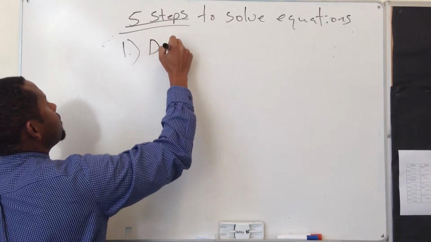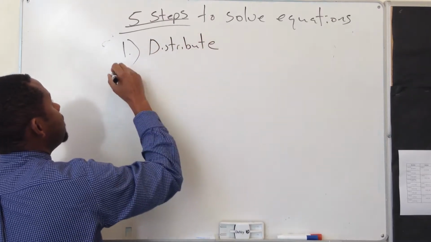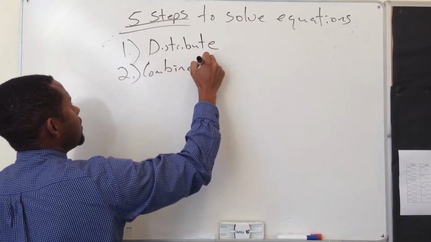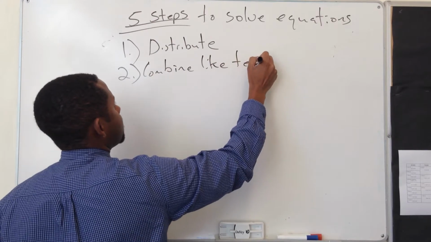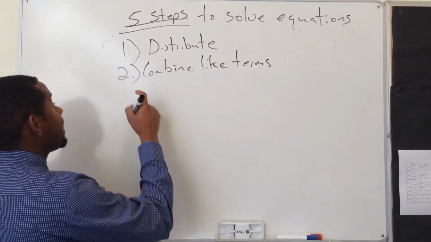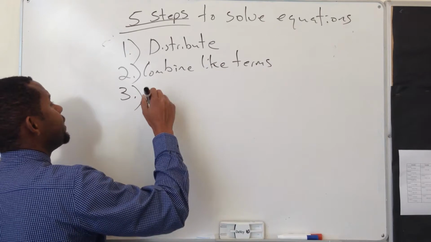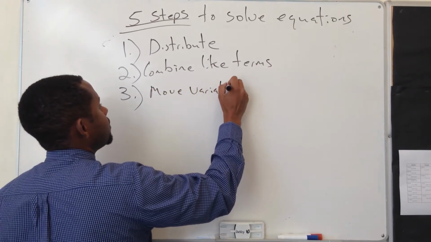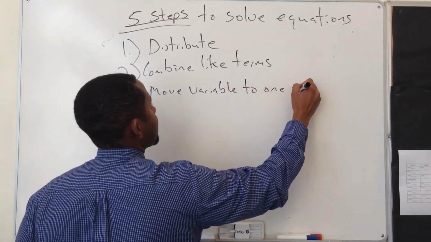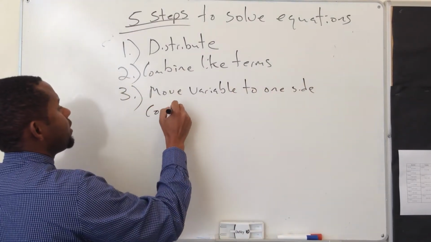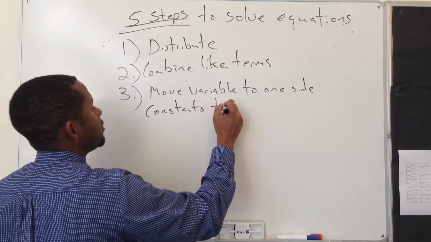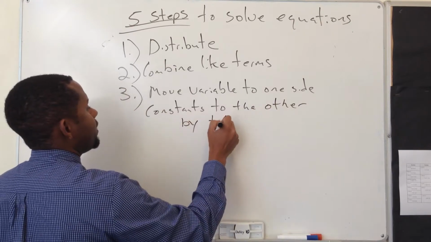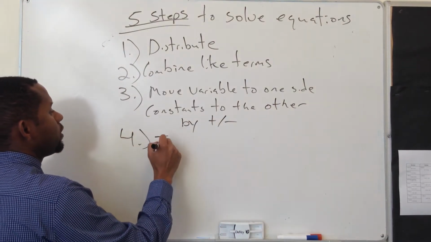5 steps to solve equations. 1. Distribute. 2. Combine like terms on the same side. I'm not writing that, but you should know it. 3. Move variables to one side, constants to the other by adding and subtracting. 4.